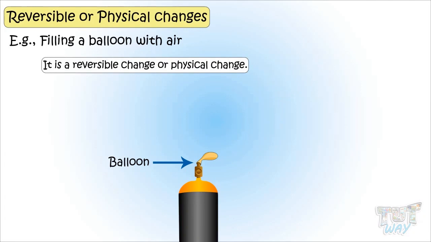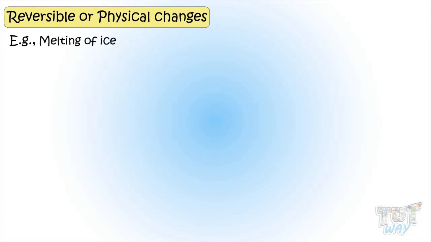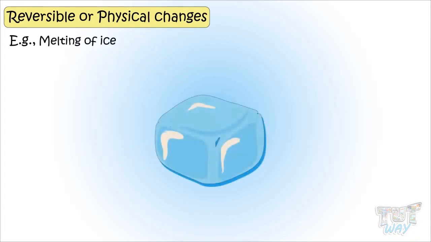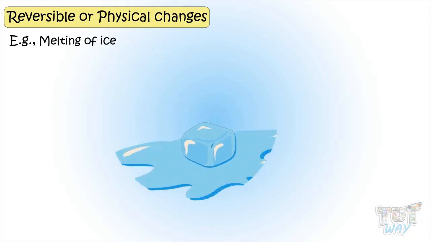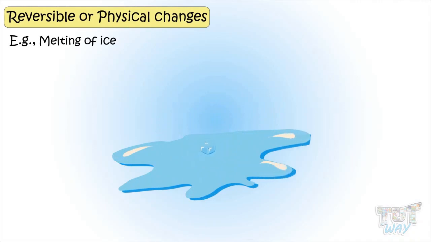Let's take another example of a physical or a reversible change. It is melting of ice. Here we have a cube of ice. Let it stay for some time, and it will melt.